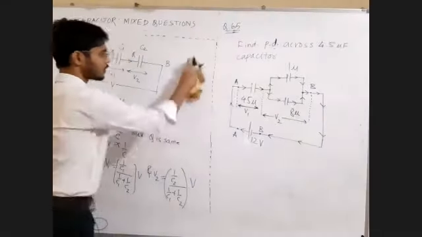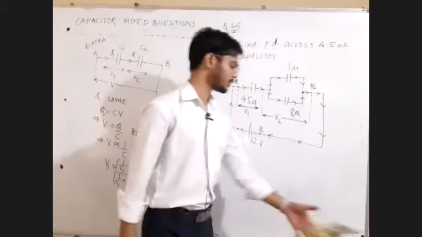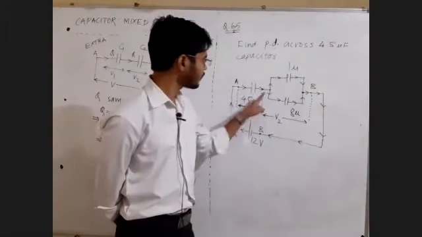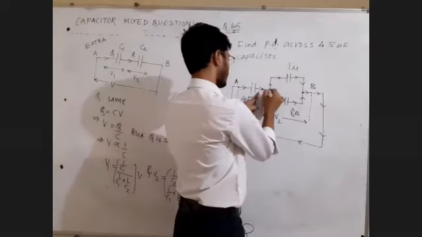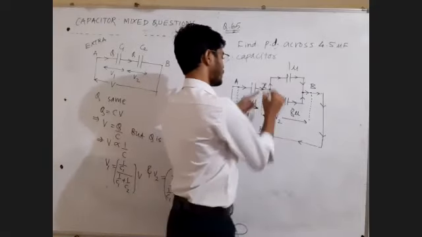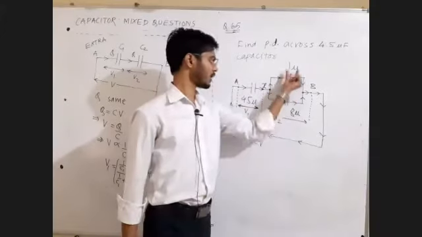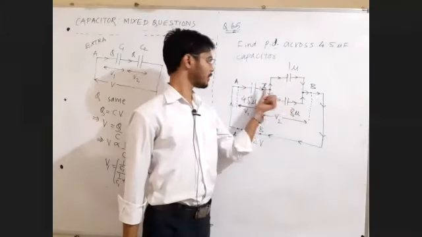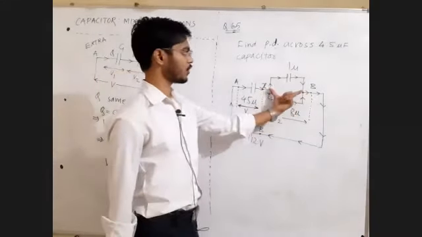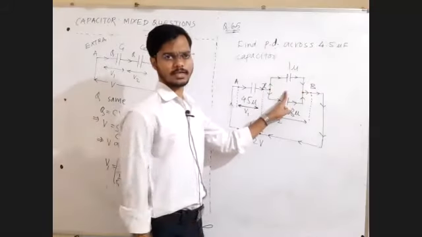Fine. So the trick is this. Let me call this point X. Between point X and B, I will find the effective capacity and draw only one capacitor there.